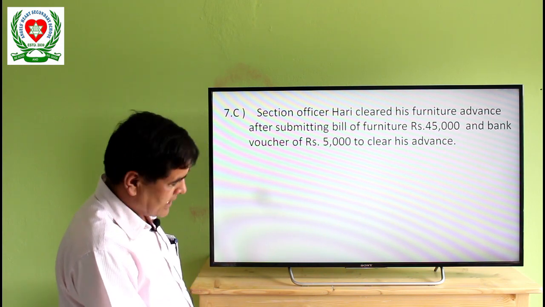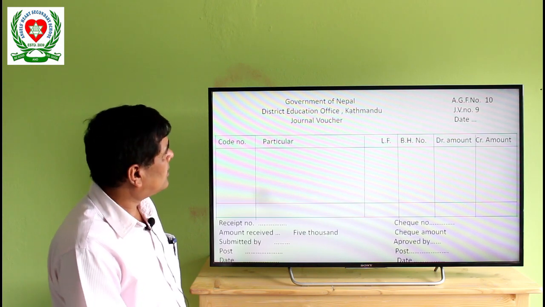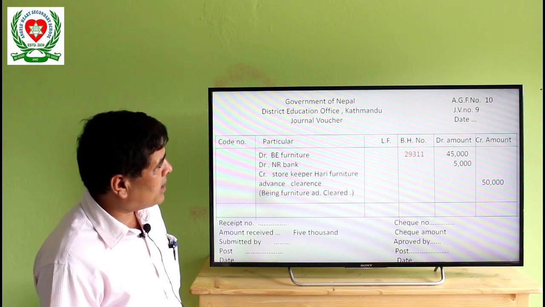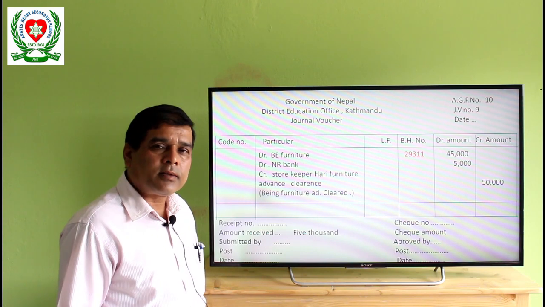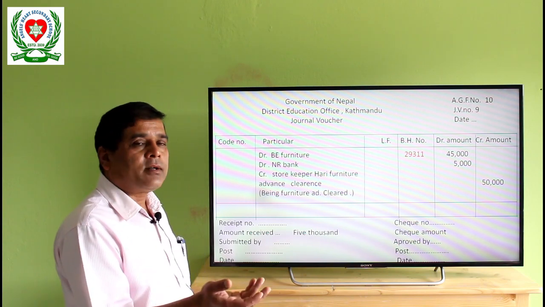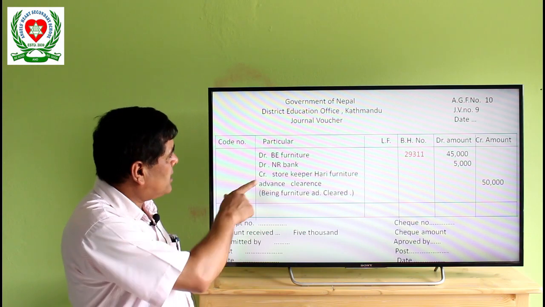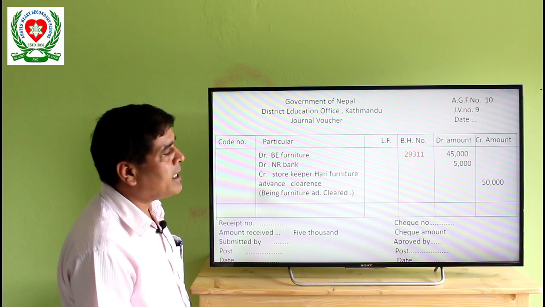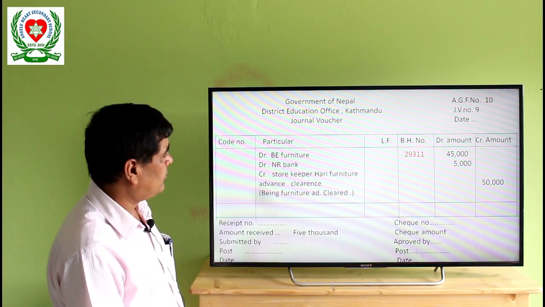In such a case, the same formula we have to apply. We can make the journal voucher like this: debit B furniture 45,000, debit NR Bank 5,000, because we got 5,000 returned from section officer, storekeeper Hari, and his advance was 50,000. It is clear now. Total in this way.